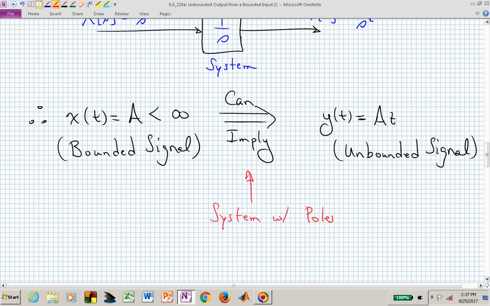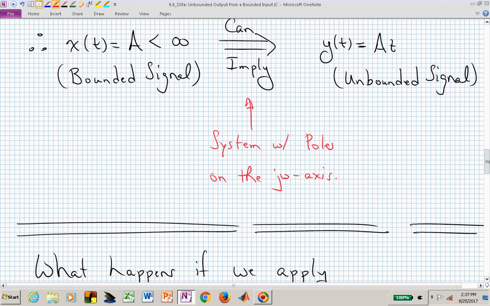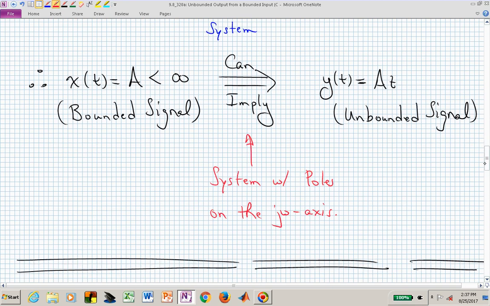Here we can generalize that and say that we really only need poles on the imaginary axis if we have a bounded signal that generates poles at exactly those same locations on the imaginary axis. So we need a system with poles on the imaginary axis, or on the j omega axis, and that's going to produce an unbounded signal.